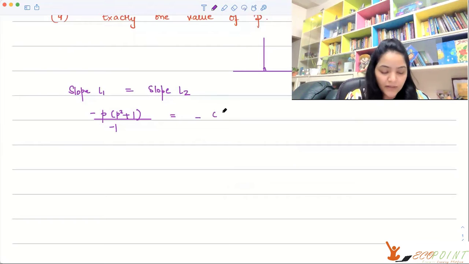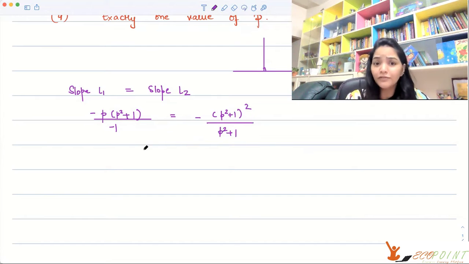Similarly here, it is −(p² + 1)² upon (p² + 1). You just have to solve for this equation.